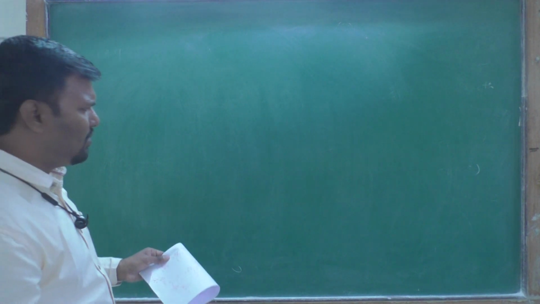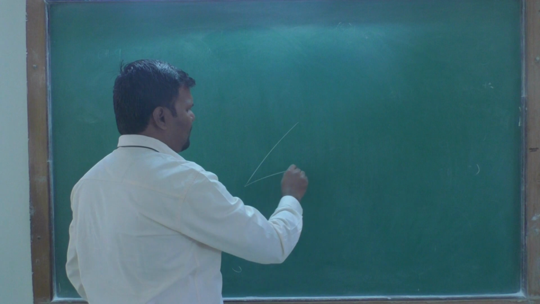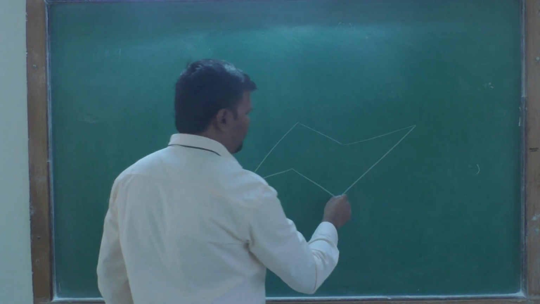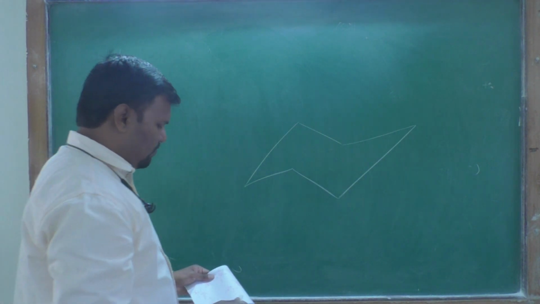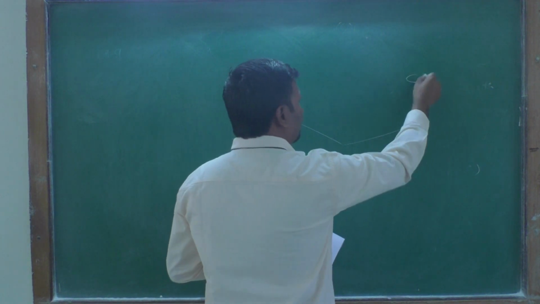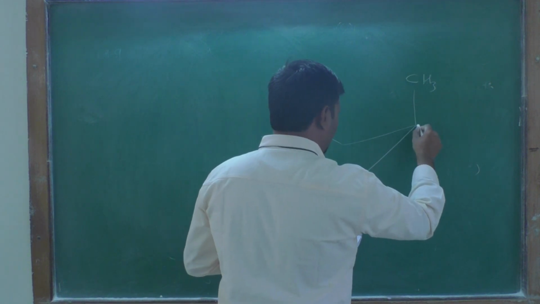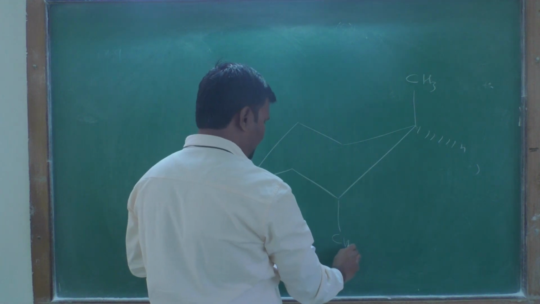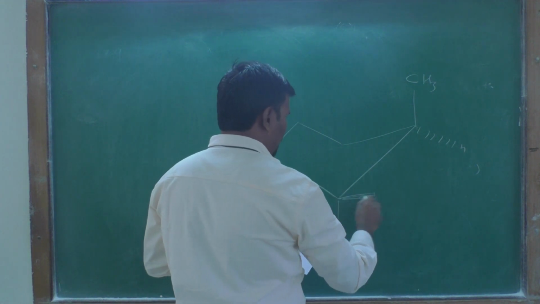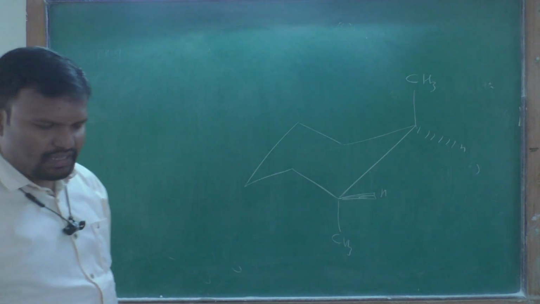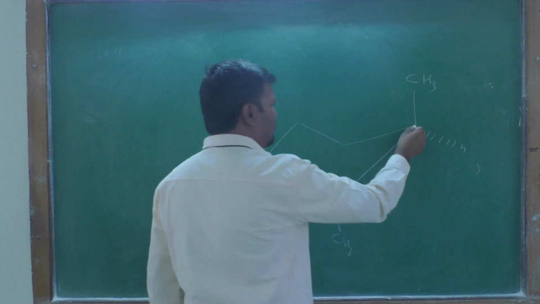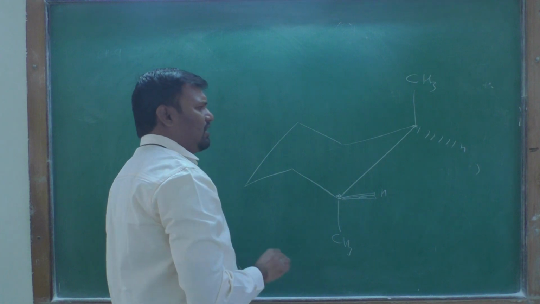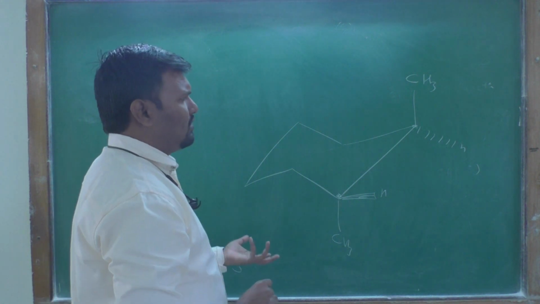By using one example, we will describe how to give the R and S nomenclature when there is a chair form. Like that, an example is there: a chair form is there, find out the chiral center and try to find out the configuration.